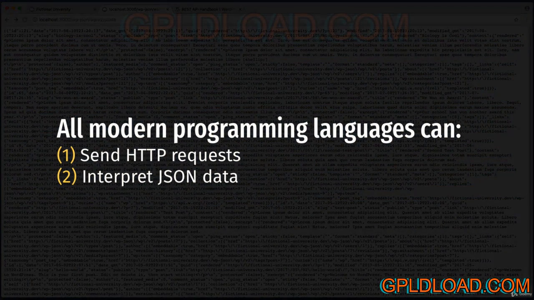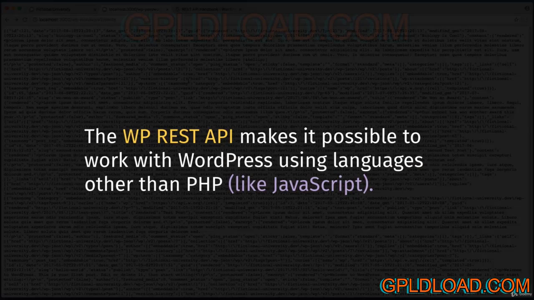Now in our case, in this course, we are using JavaScript, but you could technically create a native Android or iOS application that communicates with a WordPress website through the REST API. Or you could create a Ruby or Python or Node.js app that communicates with WordPress. So the REST API really opens up what's possible with WordPress.